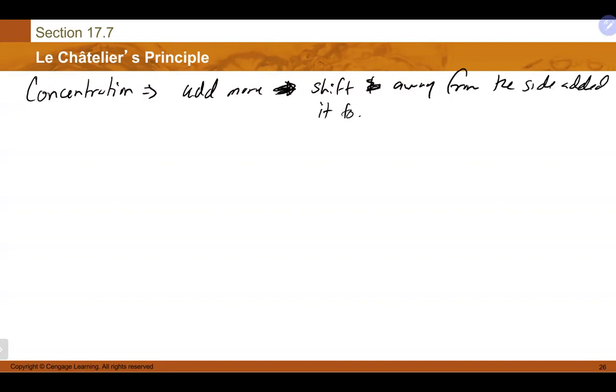So basically what that means is if you add more reactants, we would expect more products to start to be made. So it would shift away from the reactant side. And if you added more products, we would expect it to shift away from the product side and make more reactants.